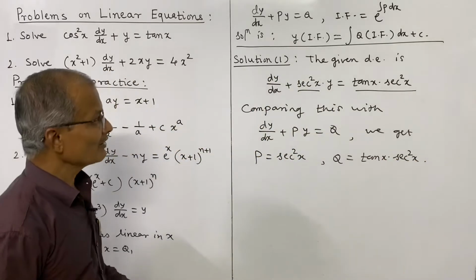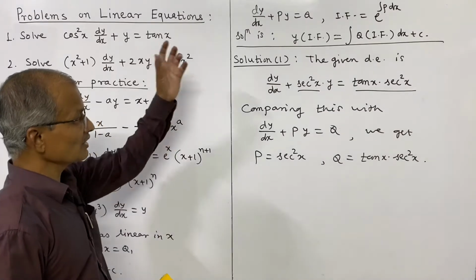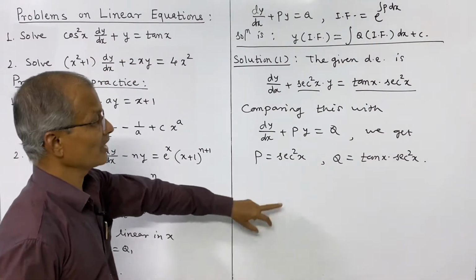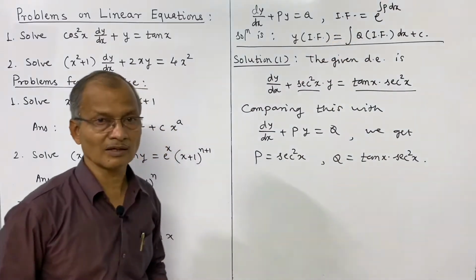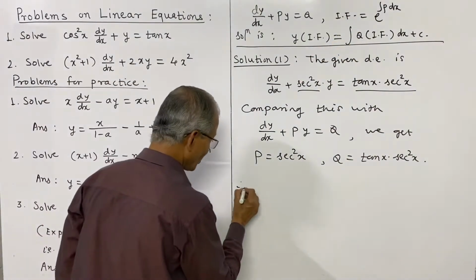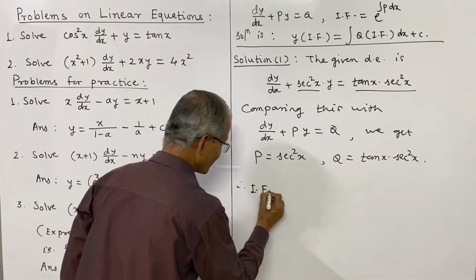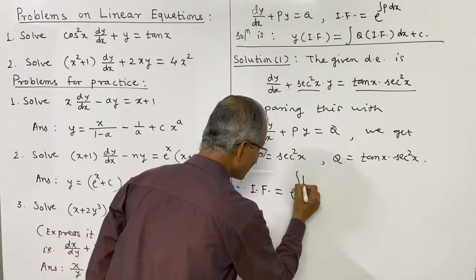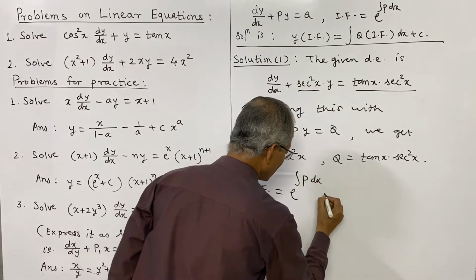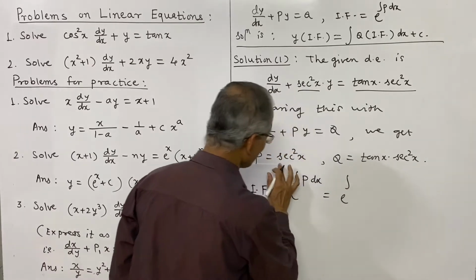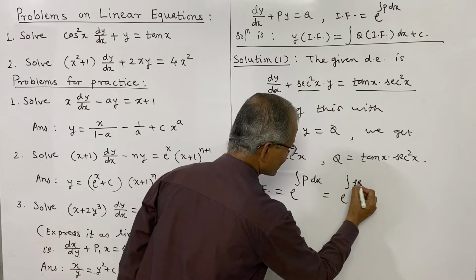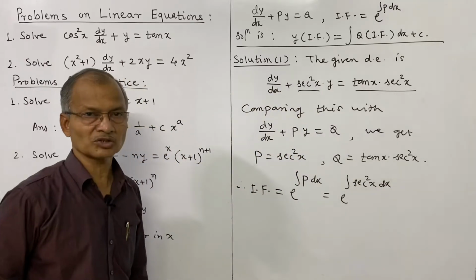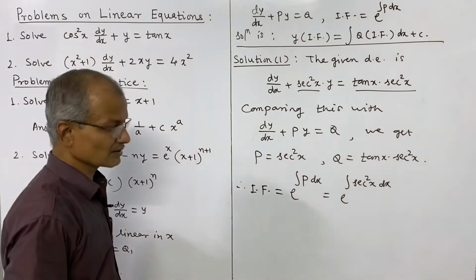Now, the procedure can be fixed: after writing the values of p and q, we directly write the integrating factor. So, the integrating factor, IF in short, is e to the power integral p dx, that means e to the power integral sec square x dx, and we know the integration of sec square x is tan x.